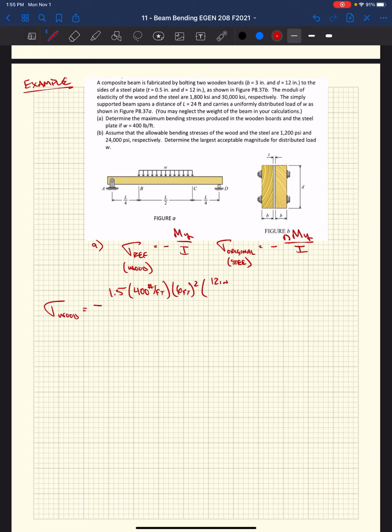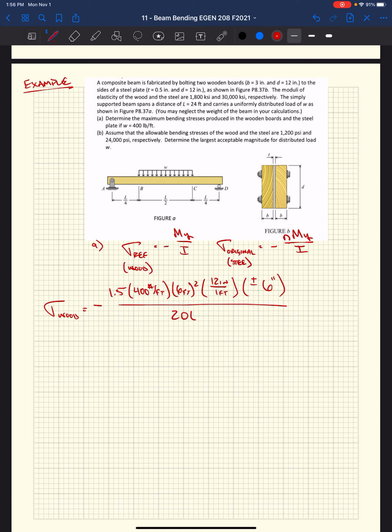I'm going to change inches to feet. As I mentioned, this could be our y max. Could be positive or negative, right? We could go to the top of our beam or the bottom of our beam. The distance is the same.